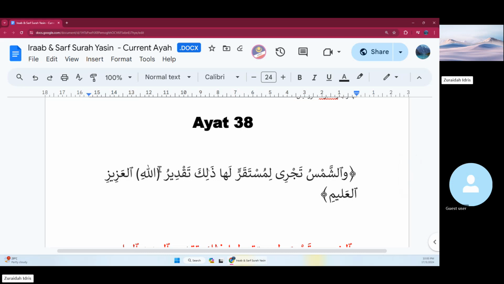So this is how we would normally look at something like this combination. Azizi, Alim, what else? Azizi, Hakim, all the names that come together at the end of most surahs, right? We can see this quite often in the Quran. Okay.